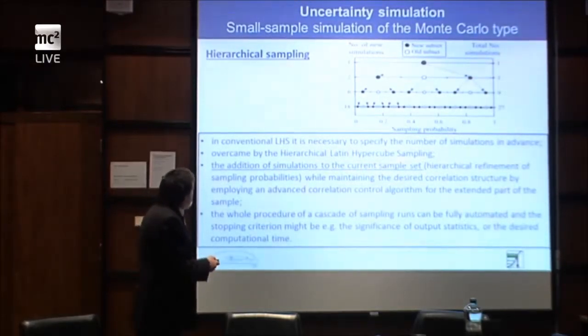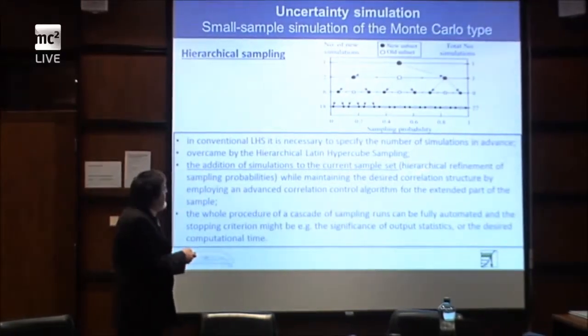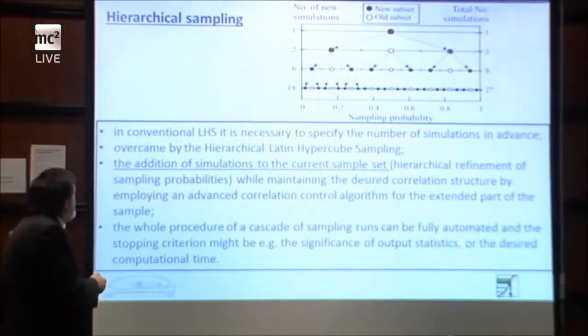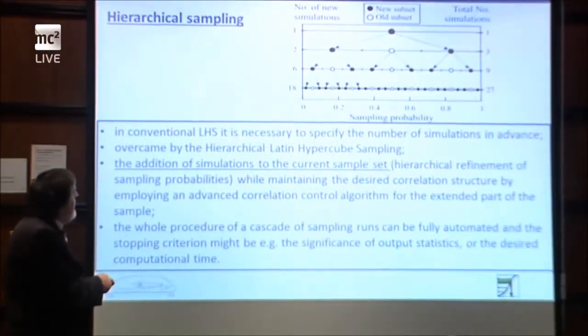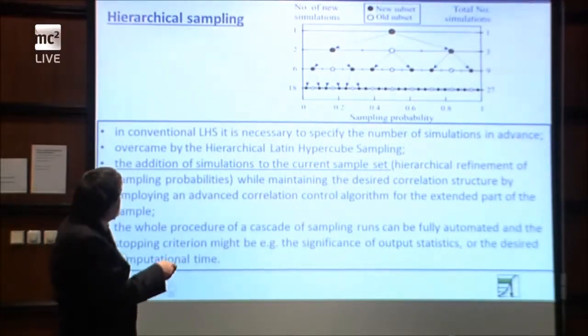current sample set. Because in stratified sampling, hierarchical refinement of sampling probabilities is needed while maintaining the desired correlation structure using this correlation control.